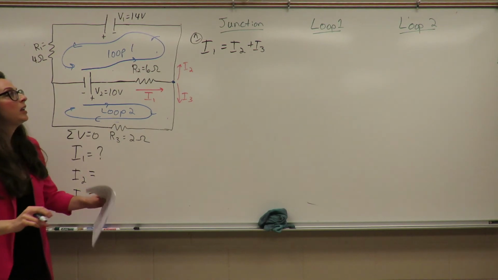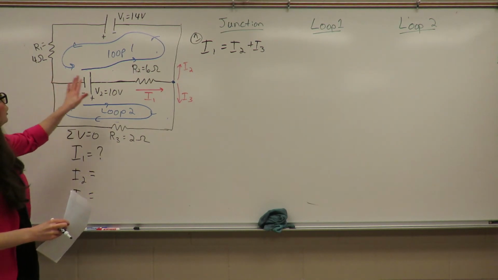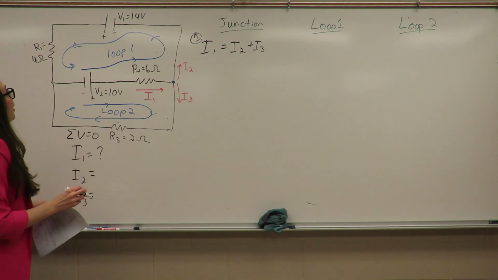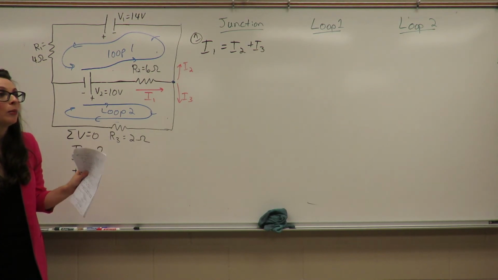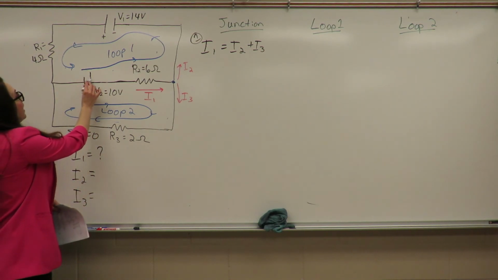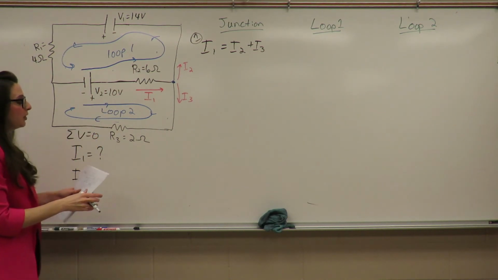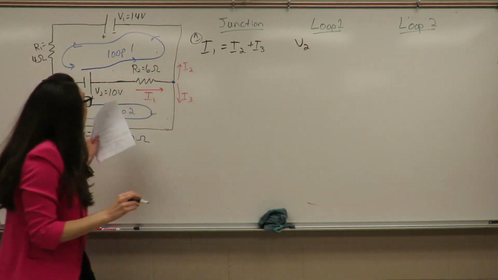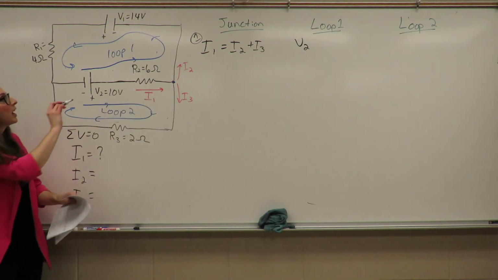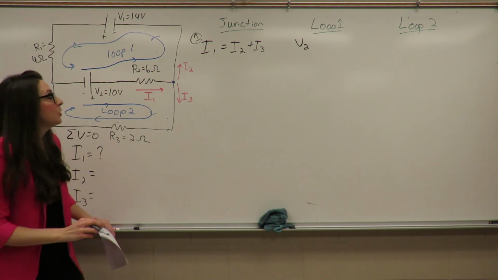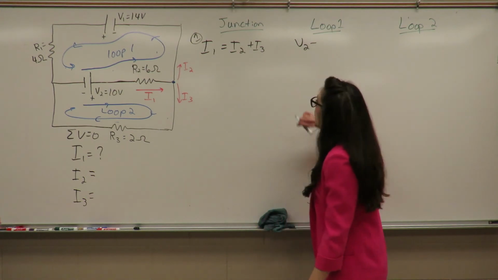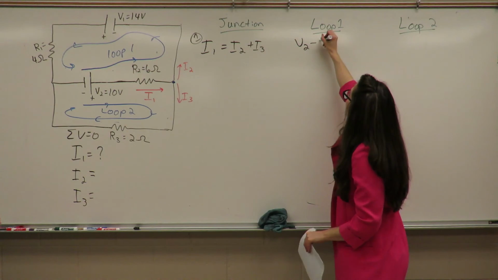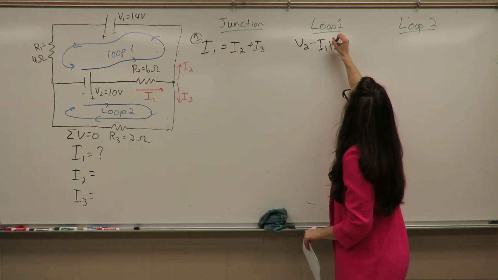So I'm going to write this as V2, okay? And then in the direction of the current, I'm going through resistor 2. So minus, because we're losing potential as we go with the current through the resistor, minus I1 R2.